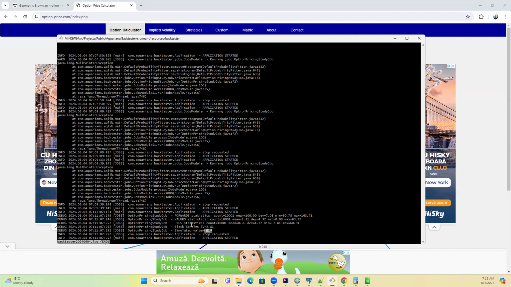And it's also worth looking at the P&L, so-called profit and loss. The average option price under these market parameters would be 2.81. This means that most likely the market will sell us the option at 2.81 if we want to buy it.